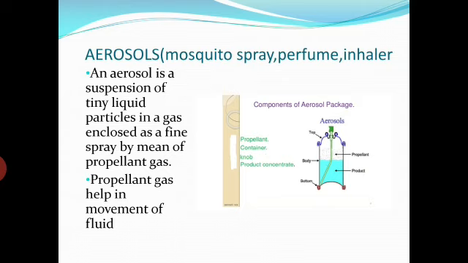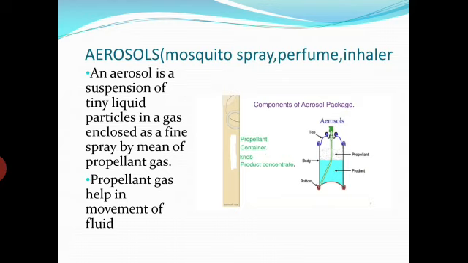And with that product, you can see the propellant gas is there. Propellant gas means pressurized gas, which helps in the movement of fluid. As you know about the behavior of pressurized gas, the movement of the molecules is more. That is why the propellant gas helps in the movement of fluid.